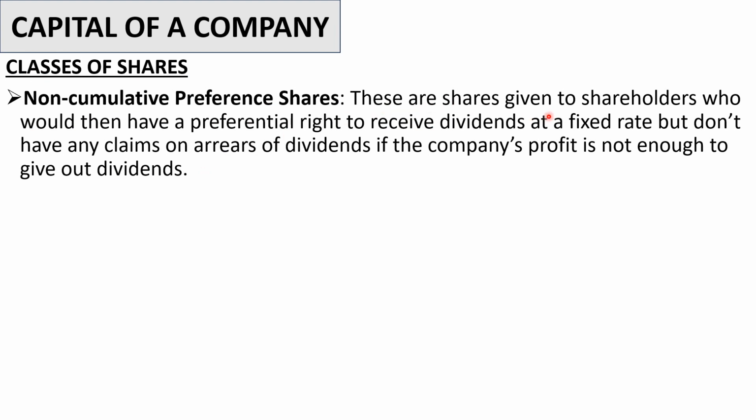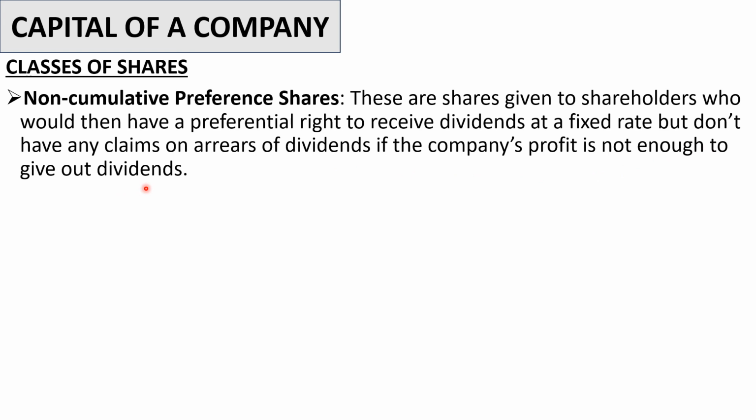These are shares given to shareholders who have a preferential right to receive dividends at a fixed rate, but don't have any claims on arrears of dividends if the company's profit is not enough to give out dividends. So there are two situations we need to consider here.